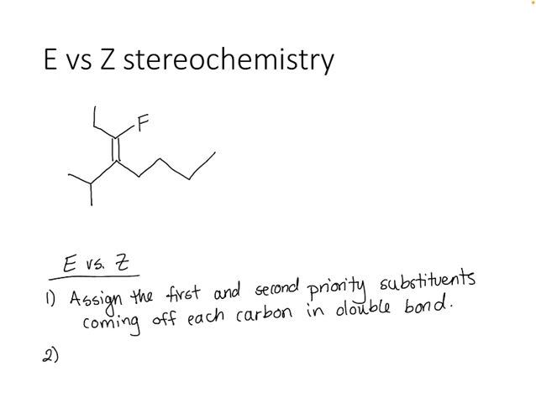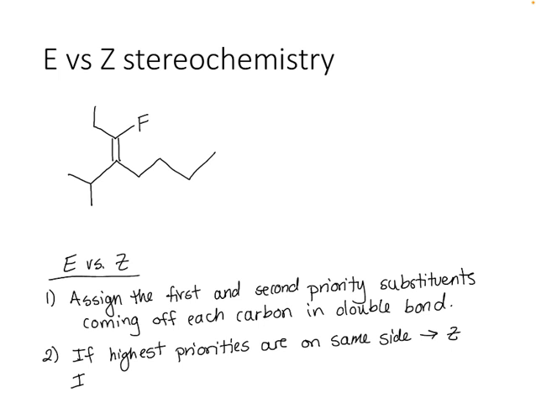And then if the highest priorities are on the same side, that is Z. And if they're on the opposite sides, that's E.